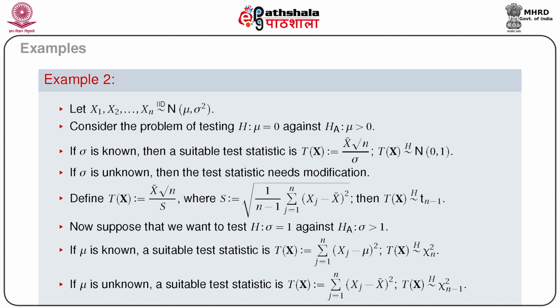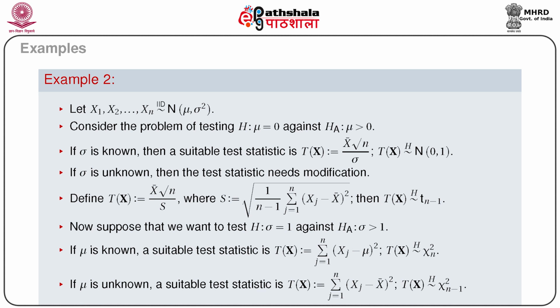If mu is known, then we use the test statistic capital Tx equals summation over i from 1 to n of xi minus mu whole square, which follows chi-square distribution with n degrees of freedom under the null hypothesis H. But if mu is unknown, then we cannot use the above test statistic.